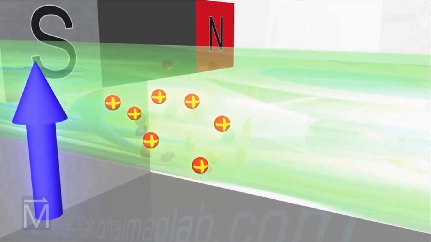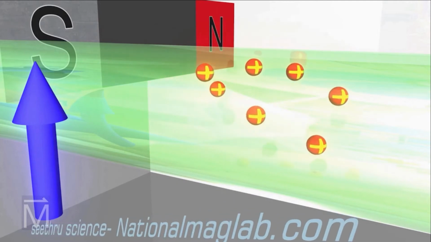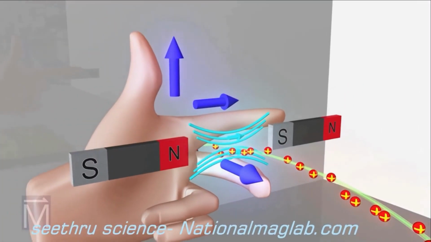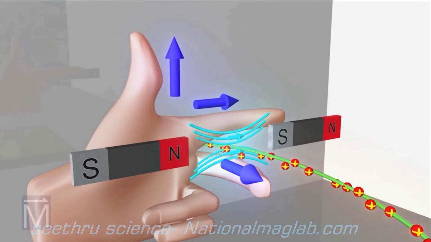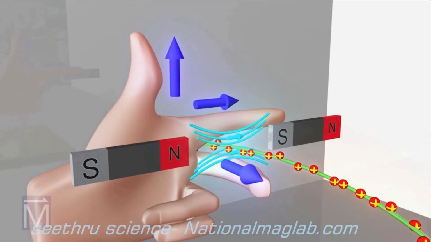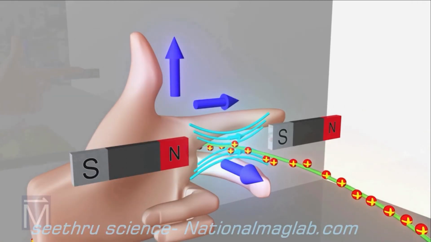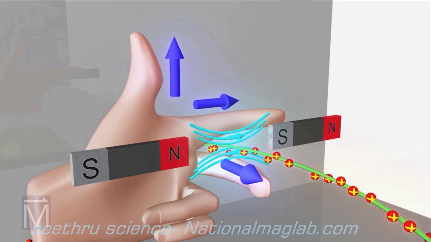So a positive charge which is moving in the direction of the middle finger will experience a mechanical force upwards, that is, in the direction of the thumb. This rule is called the left hand rule or Fleming's left hand rule. This is also known as the motor rule.